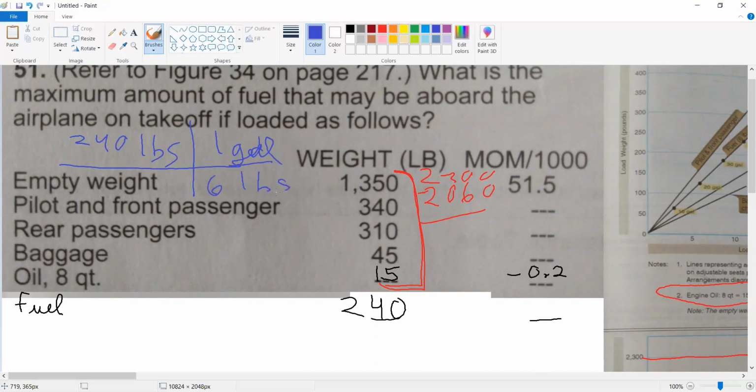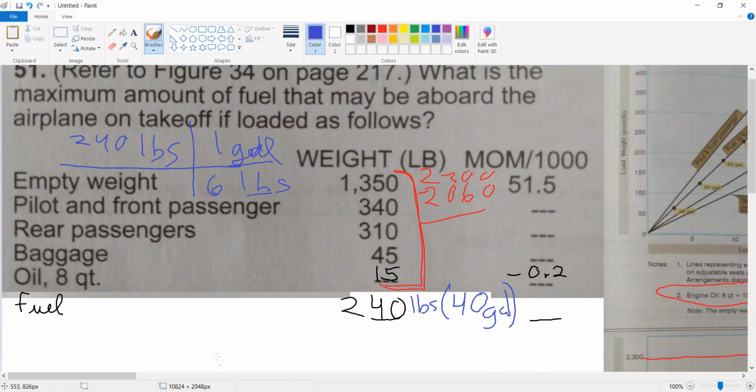There we go. So after we do the math, 6 goes into 240, 40. So we know technically, although I'll write LBS there, this is actually 40 gallons. All right.